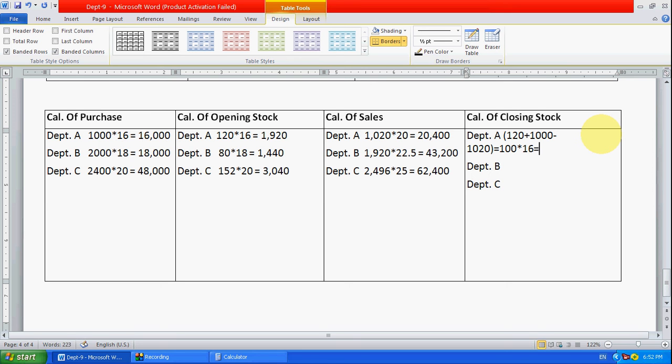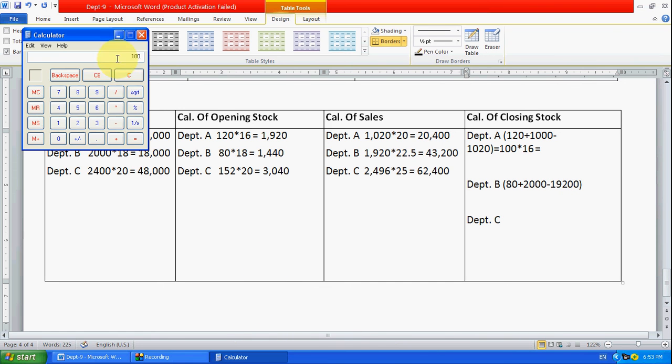So the amount we have to write here, we will calculate this one. Go for department B. How much is their amount? Started with 80, plus 2000 purchase units, minus 1920 sales units.